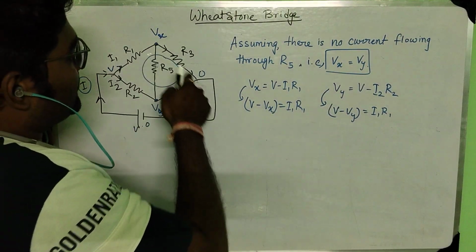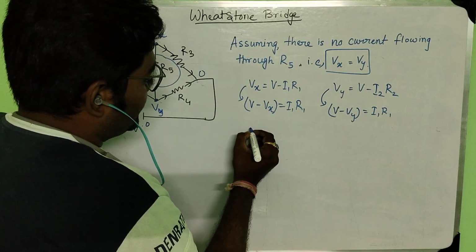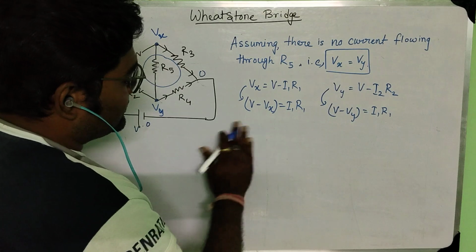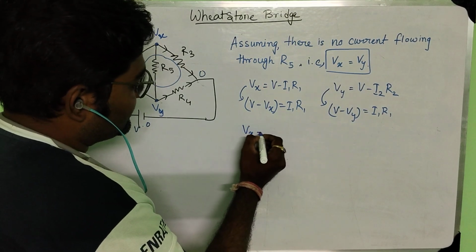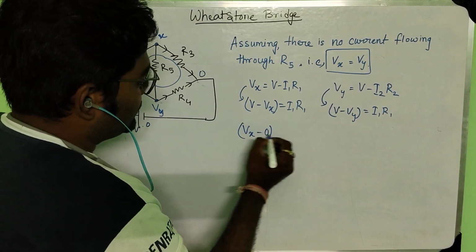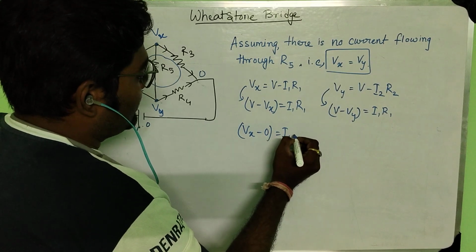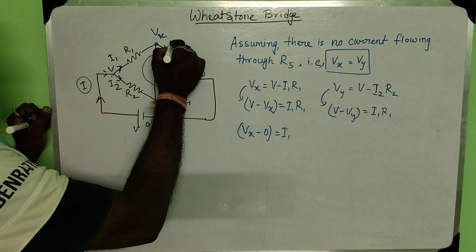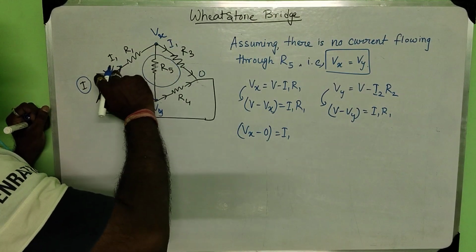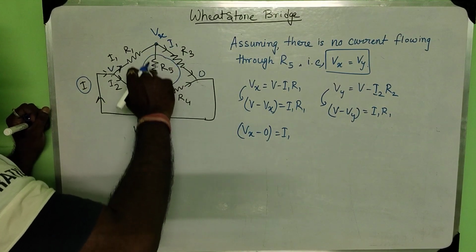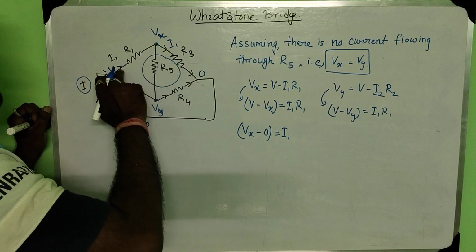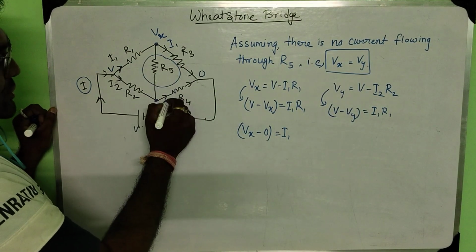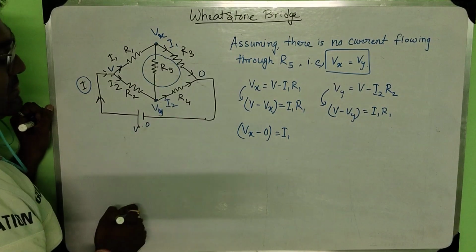Again there is a potential drop, so Vx minus 0 equals I1. Since there is no current flowing in this branch, the I1, the current coming from here, has no division in this branch, so the whole current will flow through this branch. Again the whole current flows through this branch, so there it is also I2.